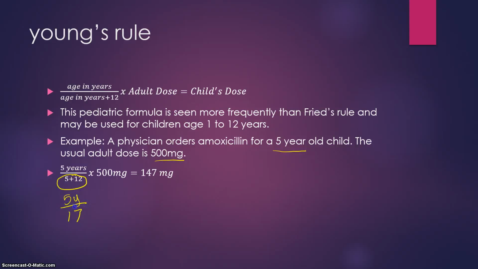Over 5 years times 500 milligrams. So then our next step would be 5 years divided by 17. You write down your answer for that times 500 milligrams, and that should give you 147 milligrams.